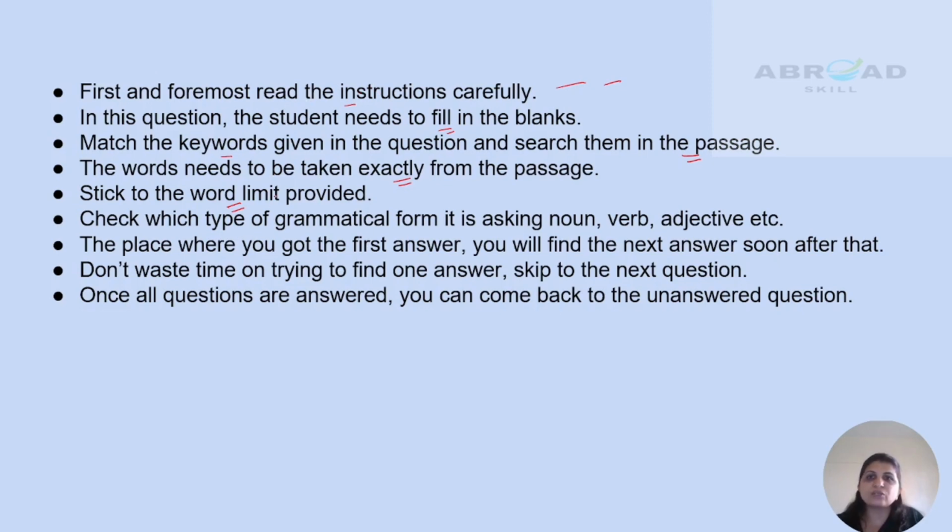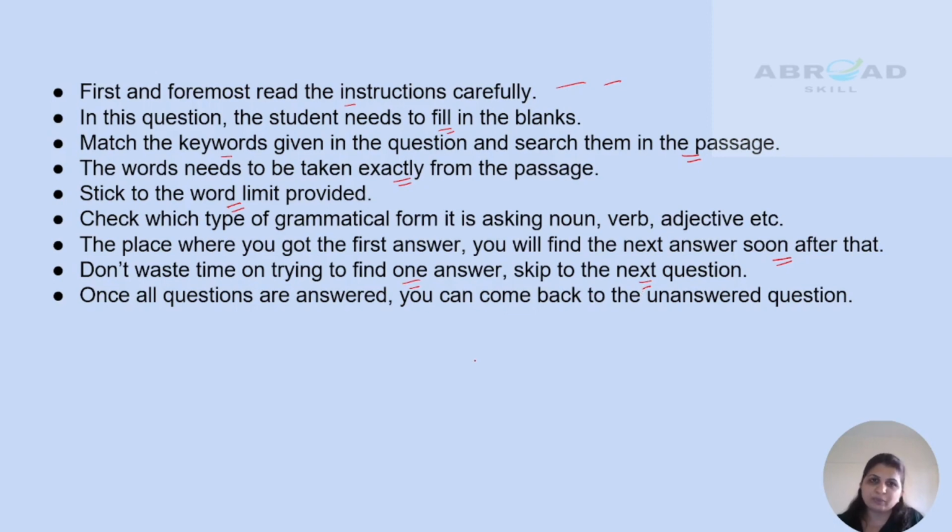While writing the answer, you need to check the type of grammatical form, that is the noun form, verb form, adjective form, etc. The place where you got the first answer, you will find the next answer soon after that. So that is the chronology followed. Don't waste your time trying to find one answer. Stick to the next question.